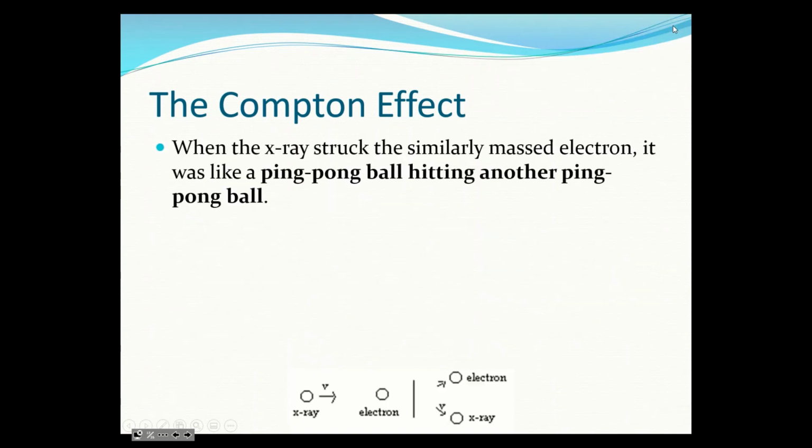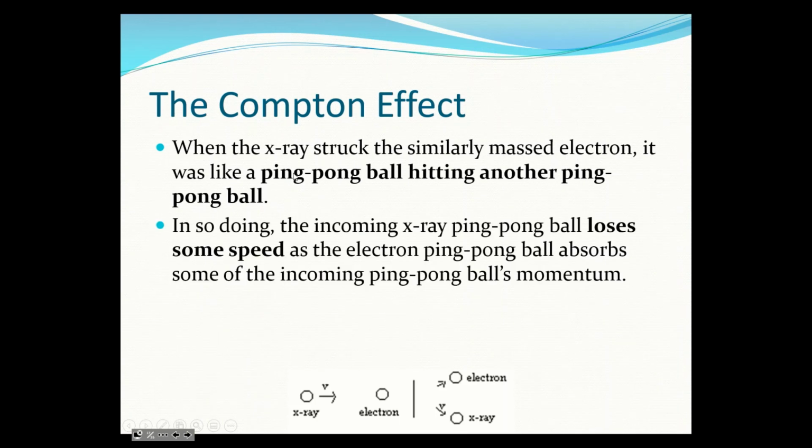But when the X-ray struck the similarly massed electron, it was like a ping pong ball hitting another ping pong ball. So doing so, the incoming X-ray ping pong ball loses some of its speed as the electron ping pong ball absorbs some of the incoming ping pong ball's momentum, right? So the X-ray hits the electron, the electron gains energy.